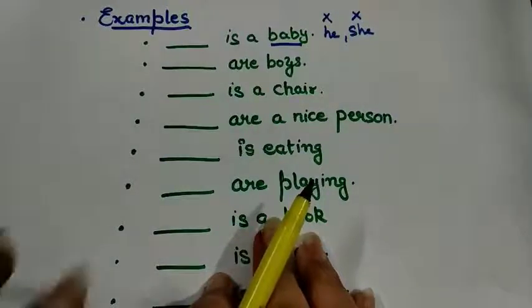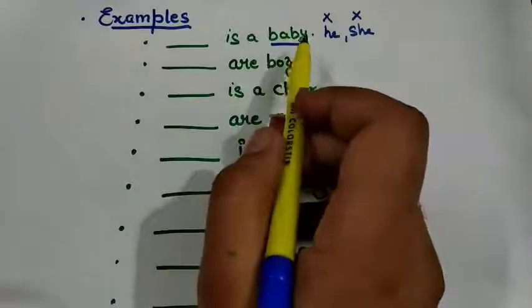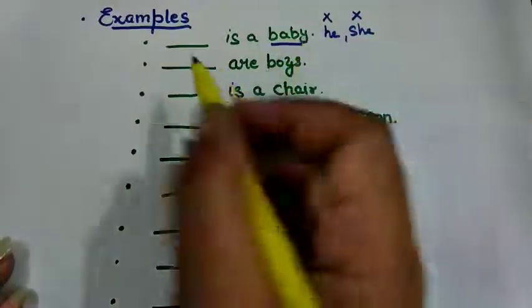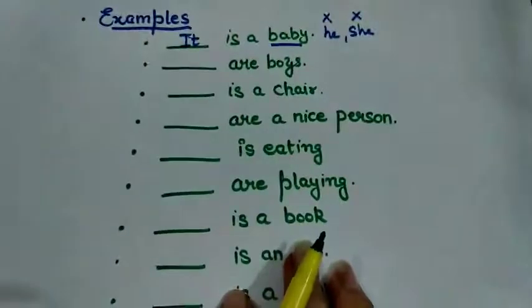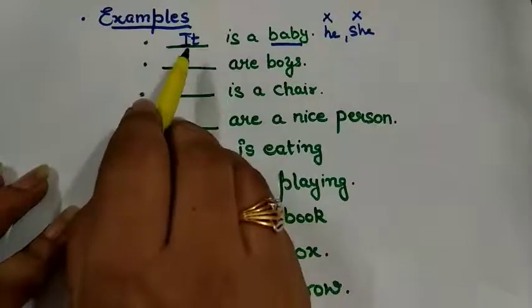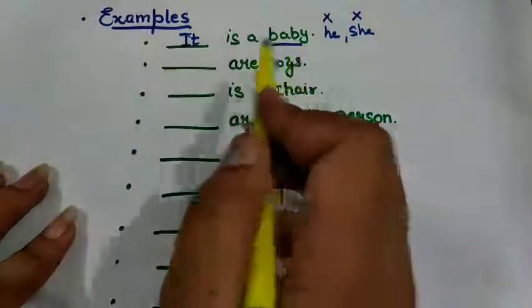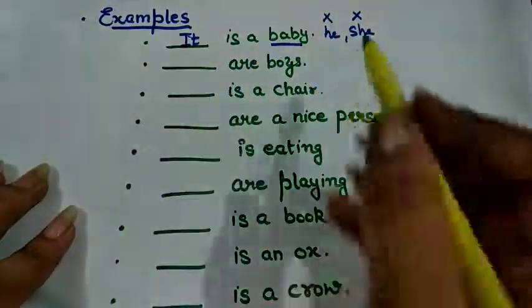So baby is a common word for both girls and boys. So here I will put it. It is used for a young child unless we know it is a baby boy or a baby girl. Okay, so here we use it. Generally we make a mistake here of using he or she.